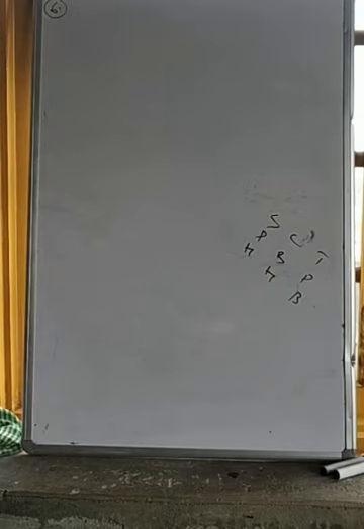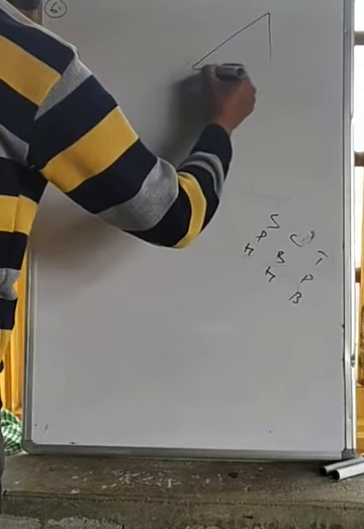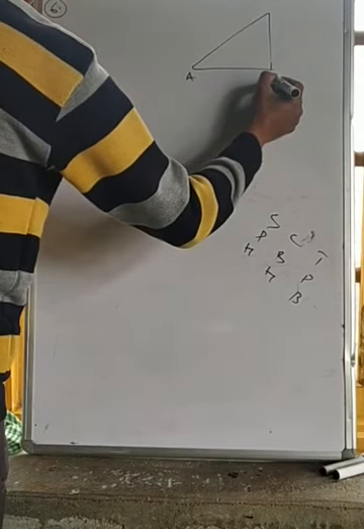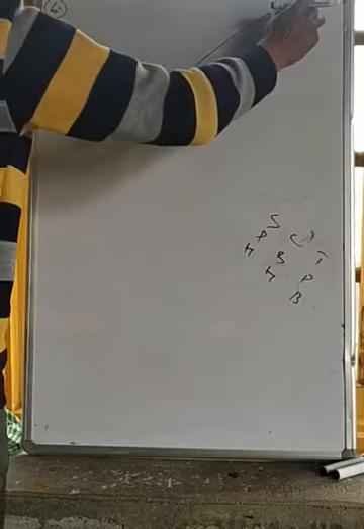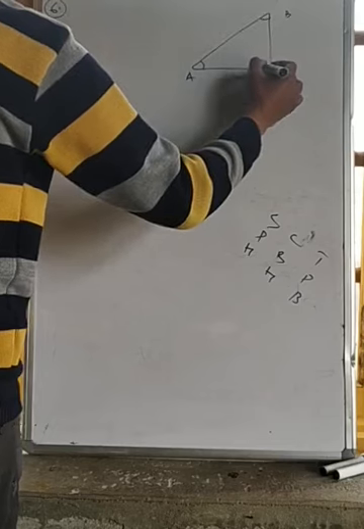Question number 6 is: if angle A and angle B are acute angles such that cos A is equal to cos B, show that angle A is equal to angle B. We are given here A, B and C. It says that A and B are acute angles, so this is an acute angle and this is an acute angle and this will be the right angle.